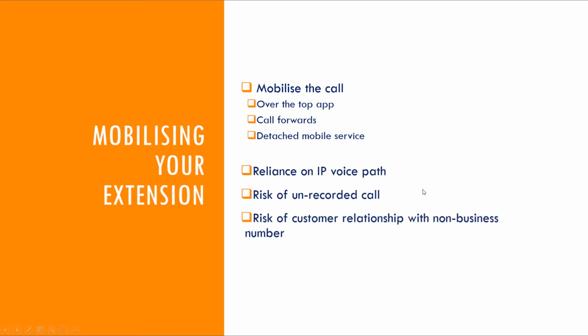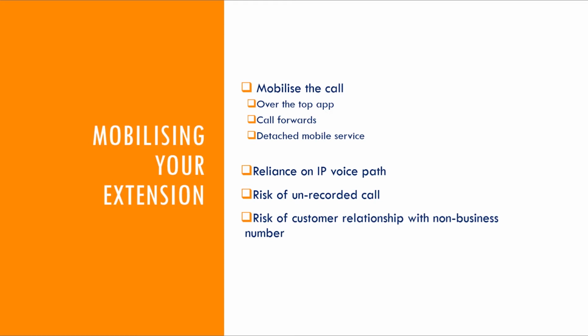But what we're trying to look at today is overcoming some of the disadvantages of that. When we look at the over-the-top apps, we may run into issues with regards to a reliance on the IP voice path. So mobile data, Wi-Fi availability, that sort of thing, can cause those products to underperform. We've got the risk of unrecorded calls. When we use call forwards, this can bypass call recording systems.